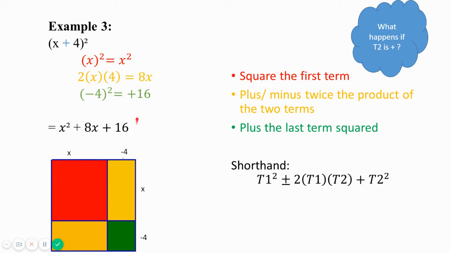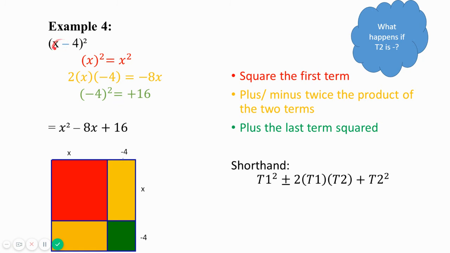Write your answer. But now, in this example, what happens if the second term is negative? Still, first term squared is x squared. Now, because this is the minus, your answer is going to be a minus. Because negative 4 times x is negative 4x. Double that, twice it, is negative 8x.